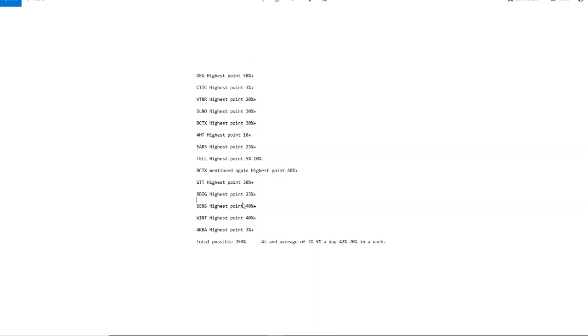If you look at all these percentages, there was enough room. It's all about timing and execution, and the total possible percentage gains was 359%, and at an average of 3 to 5% a day, that can constitute 42% to 70% in just a week.